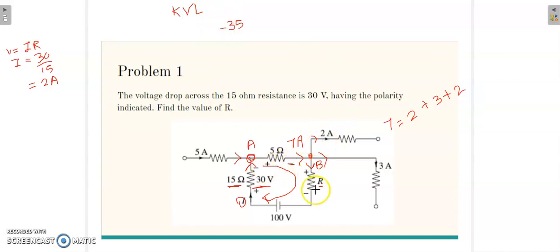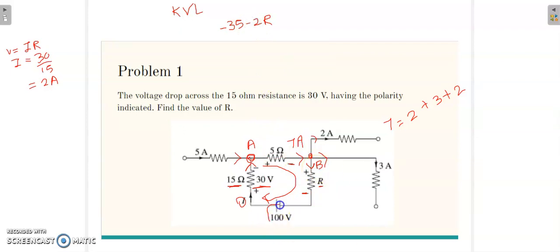Now coming to the next component, that is resistor R. The current flowing through this resistor R is 2 amperes and the value of this resistor is R. So voltage drop across it will be 2R, and the sign given to this drop will again be minus. As I am tracing the loop in the clockwise direction, the sign at the end of this component is negative. So here I will have minus 2R.